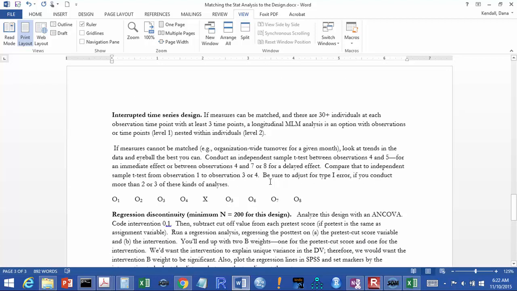Interrupted time series. This one can get pretty complex, so I'll just give you the basics of this. If the measures can be matched across all of these time points, which a lot of times doesn't happen, it seems like the more time points we have, of course, the more attrition we have, and likelihood that we will not be able to keep the same cohort of people across all that. So again, remember, interrupted time series is usually done on archival data where we have crime in a city across time or things like that.